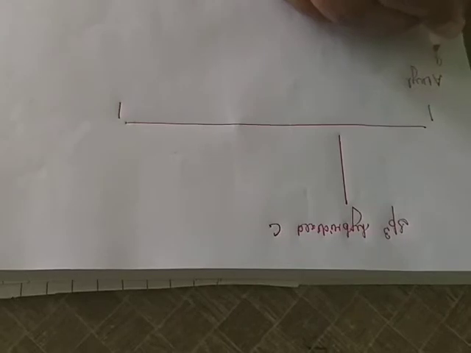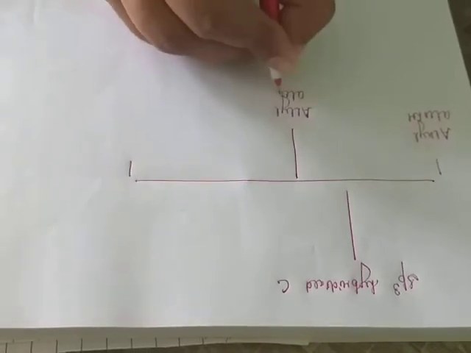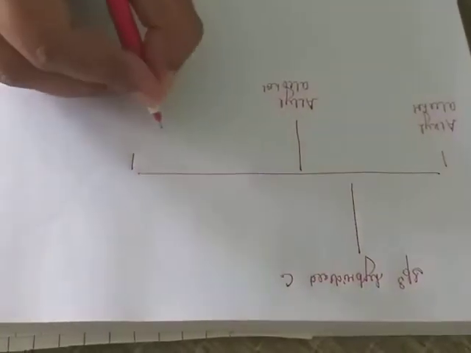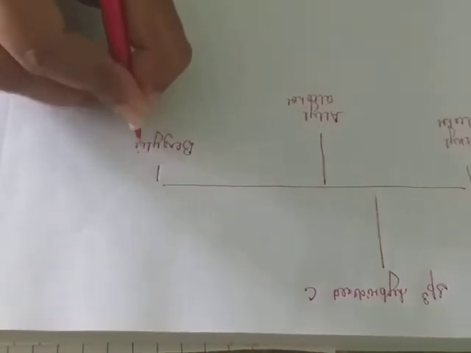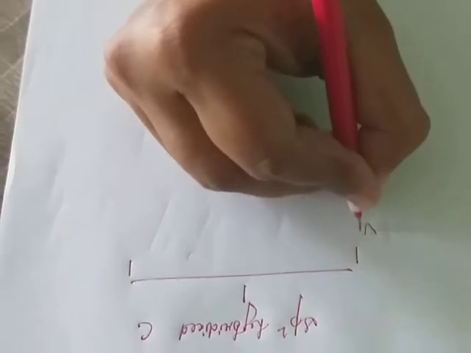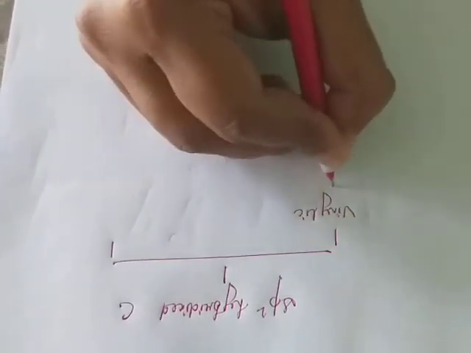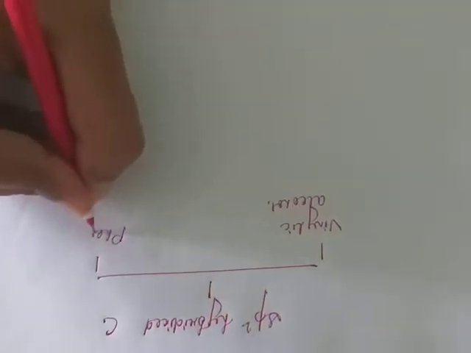One is alkyl alcohol, one is allyl alcohol, and one is benzylic alcohol. In sp2 hybridized carbon, we could have vinylic alcohol, or we could have phenol.